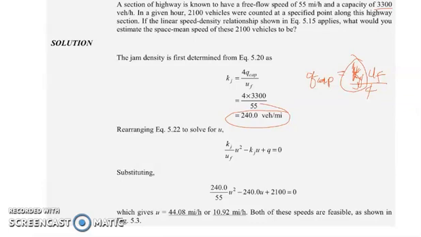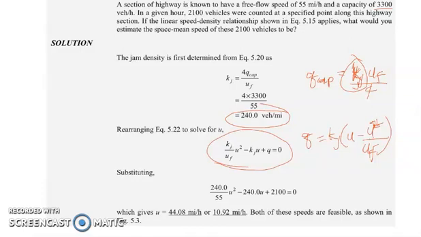Therefore, if we use the equation introduced previously, which is Q equal to kj times u minus u squared all over uf, we simply have to solve this. If we simplify, we can have this equation, and having this equation, we now solve for our u.